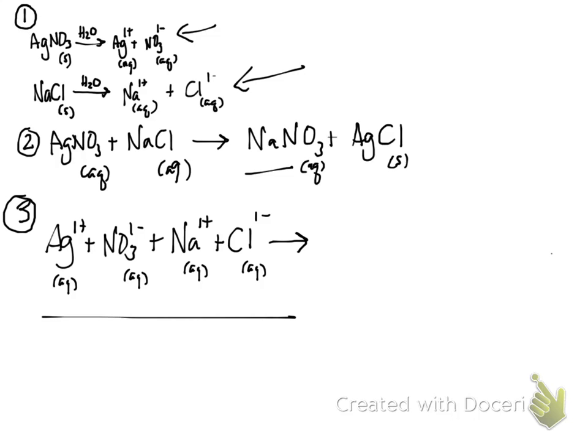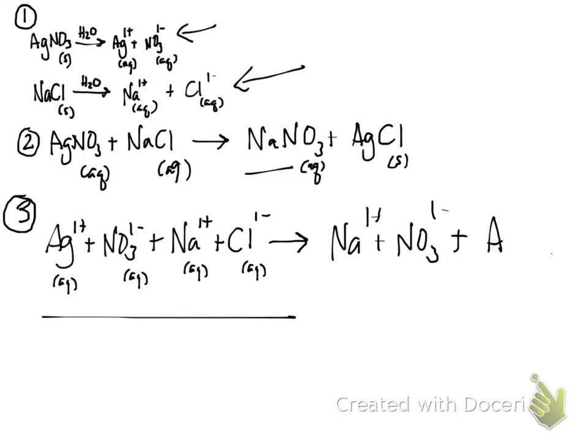Sodium and nitrate. So we've got Na1+ plus NO3 1-. What about the silver chloride? Is it in the form of dissociated ions? No. It's a solid. So that means it formed a compound. We're going to show it as such.